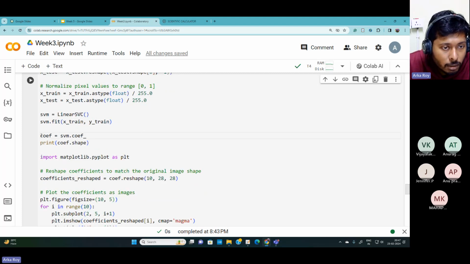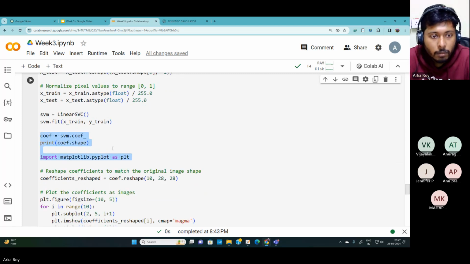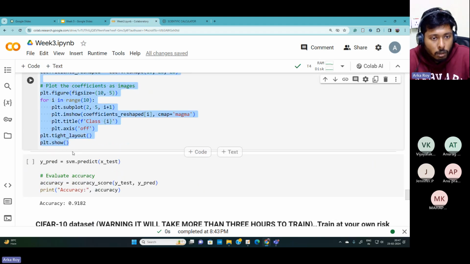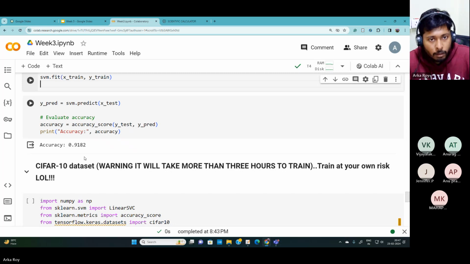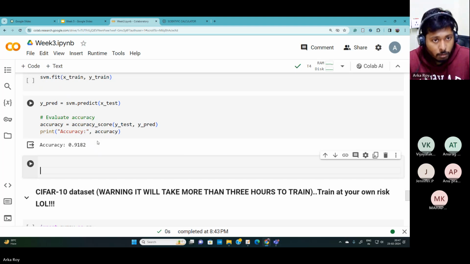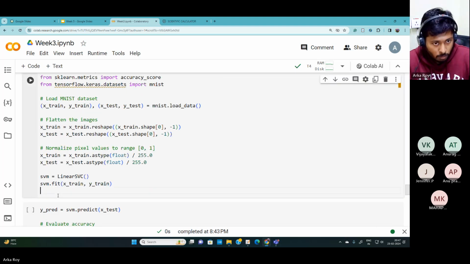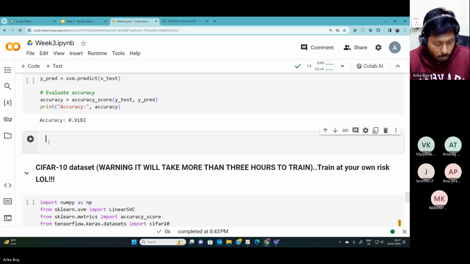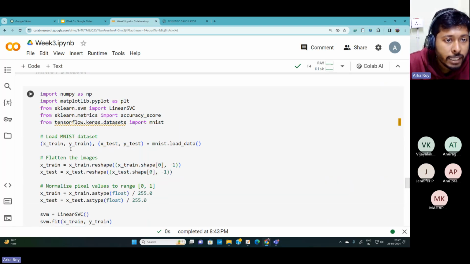Let me first remove this part. Yes, let me first train the SVM.